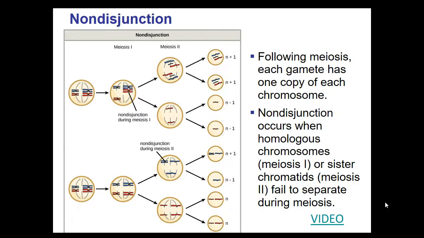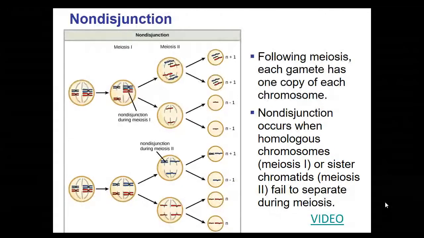Non-disjunction can happen during meiosis 2. So meiosis 1 happens just fine, but then the sister chromatids don't separate like they're supposed to. Like, these 2 sister chromatids are still stuck together in this final daughter cell. And the other daughter cell, you can get one. So that's a mistake.